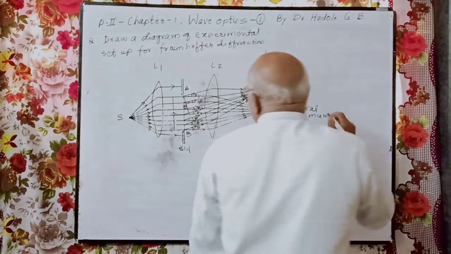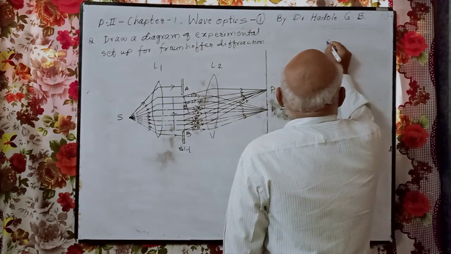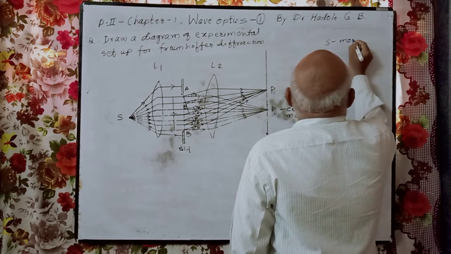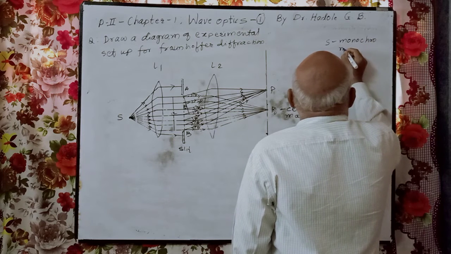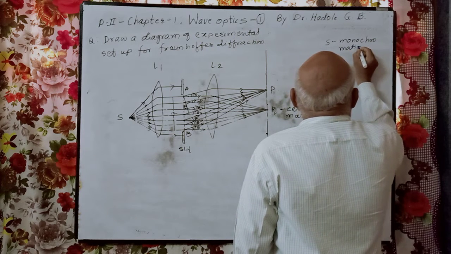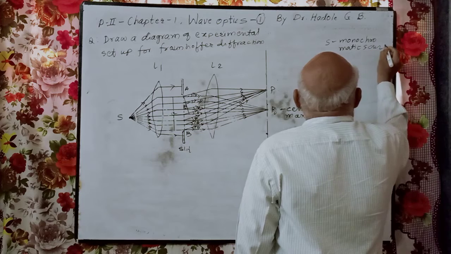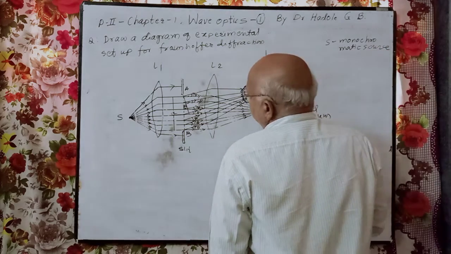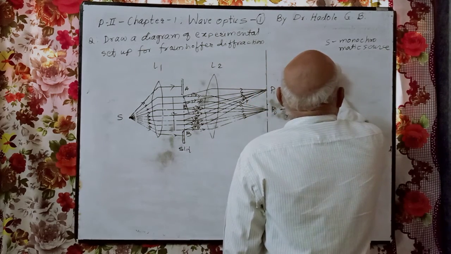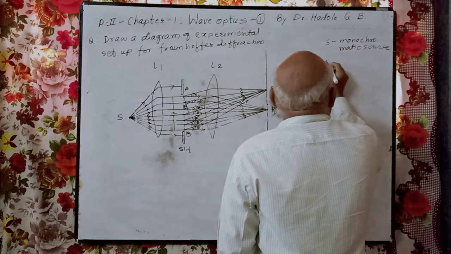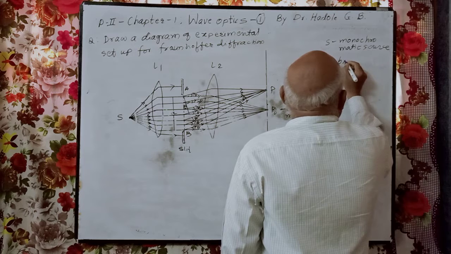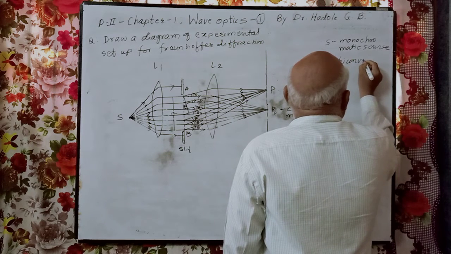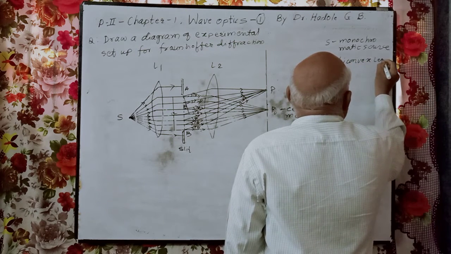Now here there are certain labels. Monochromatic source. Next, L1, L2: biconvex lens.